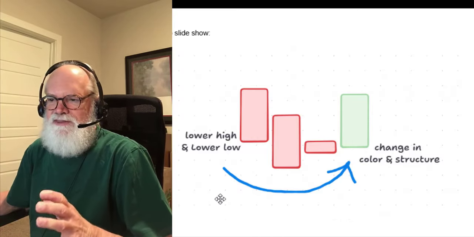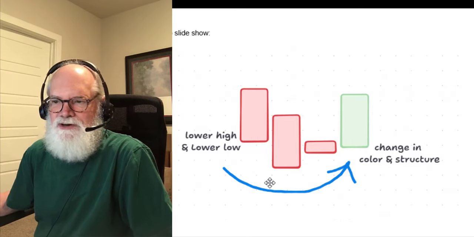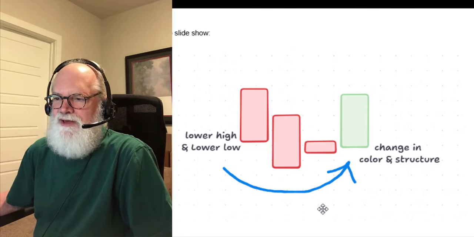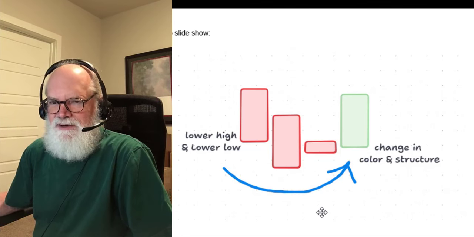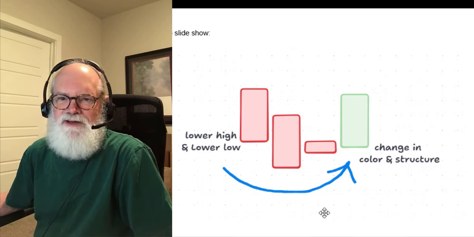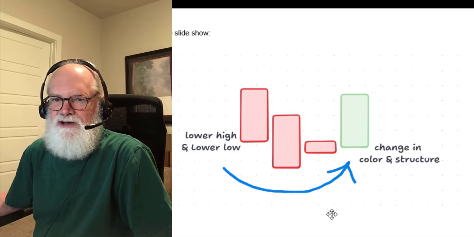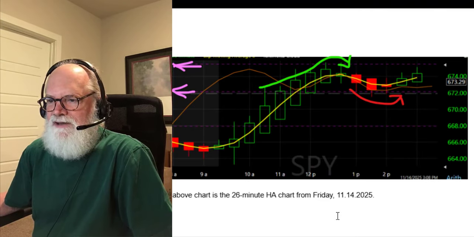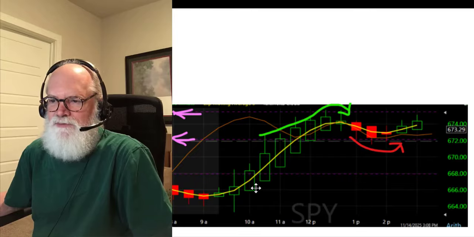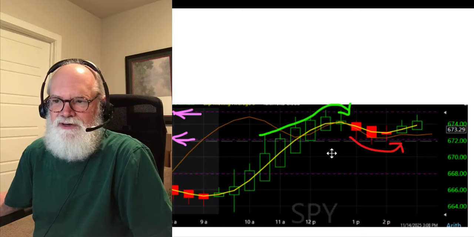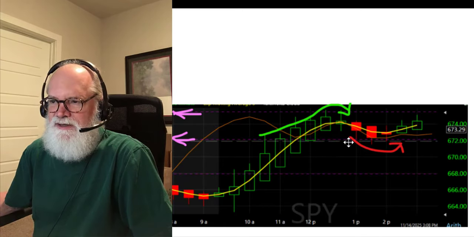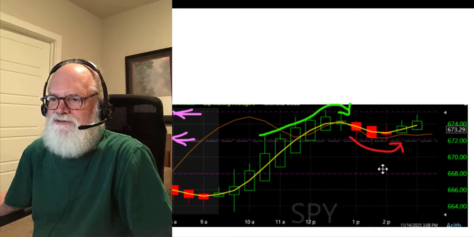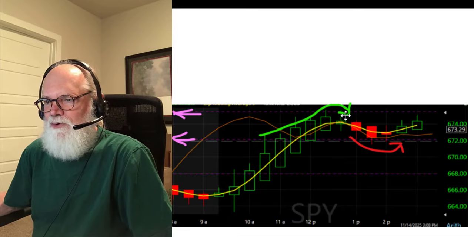What we're looking at there can be any time frame chart. It can be a daily chart, a 5-minute chart, or a 1-minute chart. What I do is combine that Heikin Ashi information, that change in color and structure, to see how the market's flowing. For example, this is from a 26-minute chart from this past Friday, where the market just took off in the afternoon session, and you can see how we had a rolling effect.